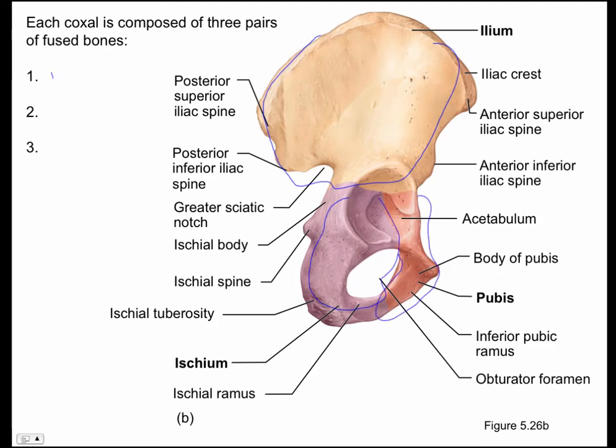So 3 bones. And once again, I know there's lots of terminology for all these bone markings, but you do not need to know all these bone markings for your exam, just the major bones itself.